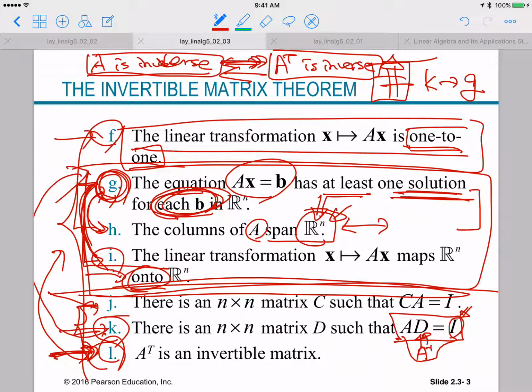So we came back to our big list. That way, we handled all the things, so they are all logically equivalent.